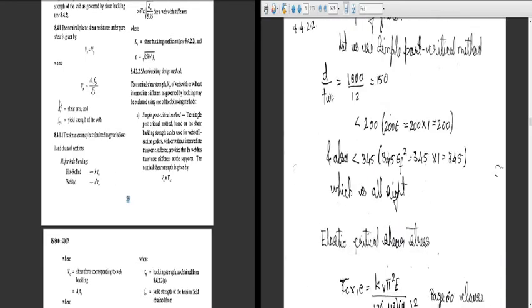So we will find out d by tw, which is working out to be 150, which is less than 200 and which is also less than 345 epsilon f square. So hence all are right. And for the elastic critical shear stress, tau cr, we will go in reverse. So first we compute tau cr here.